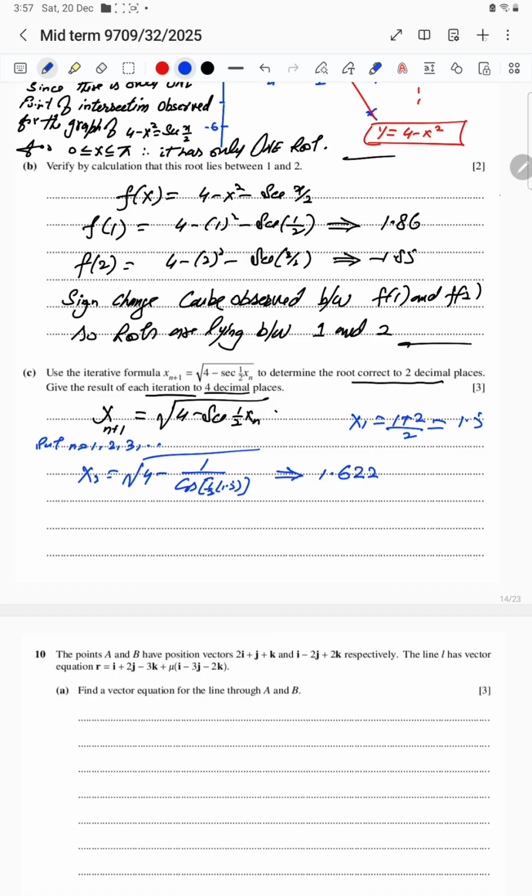This is 1.6221, and then x2 is here, x3 will be. Now do replace this answer from the calculator over here.